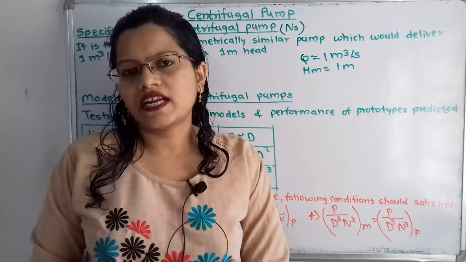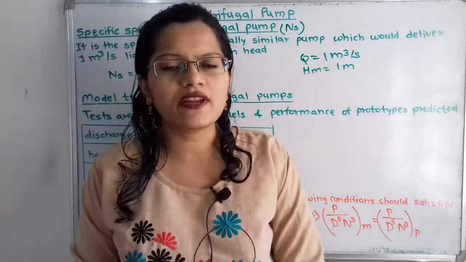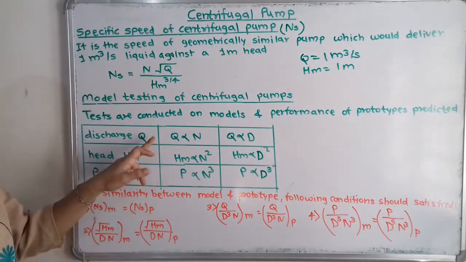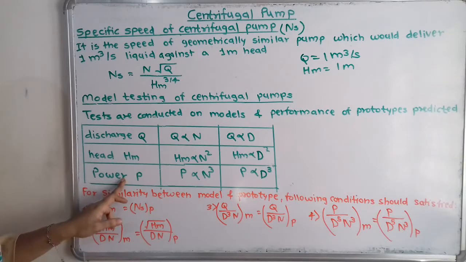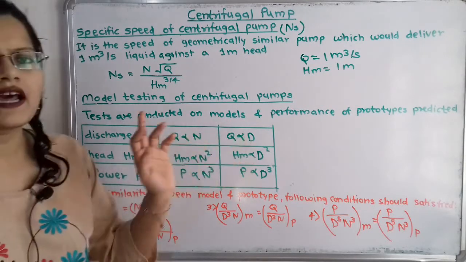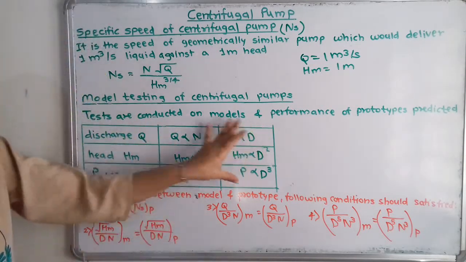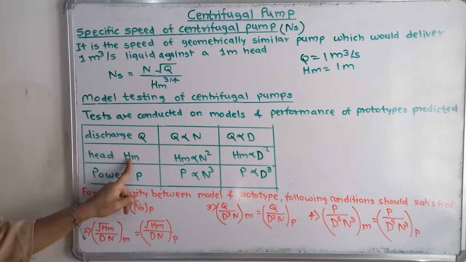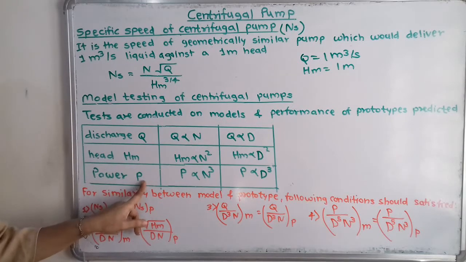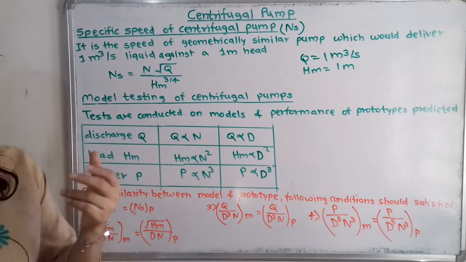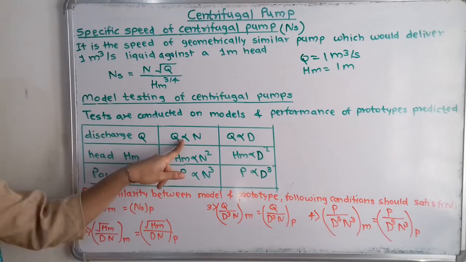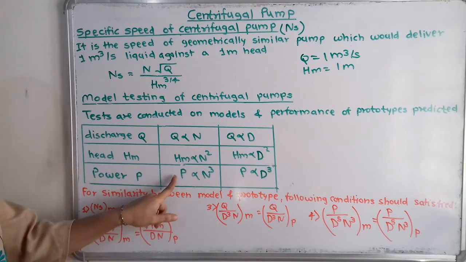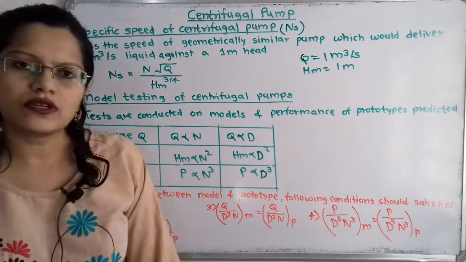Before the conditions, we will understand some relations. Here we will understand the relation of discharge, head and power with speed N and diameter D. I have made a table: discharge Q, head Hm and power P. With respect to N, Q is directly proportional to N, head Hm is directly proportional to N square, and power P is directly proportional to N cube.